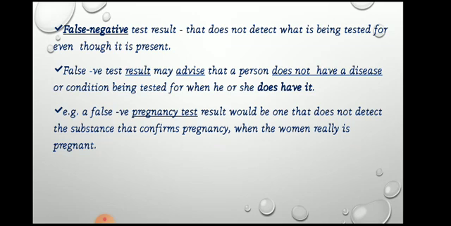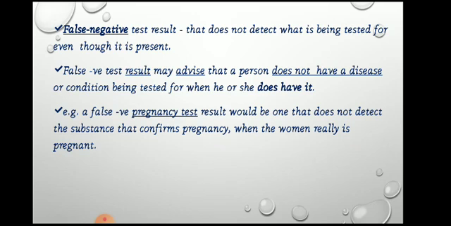The result suggests that the person does not have the disease, but actually the patient does have the disease. You can also take the example of pregnancy itself. A false negative pregnancy result would be one that does not detect the substance that confirms the pregnancy, but actually the woman is pregnant.